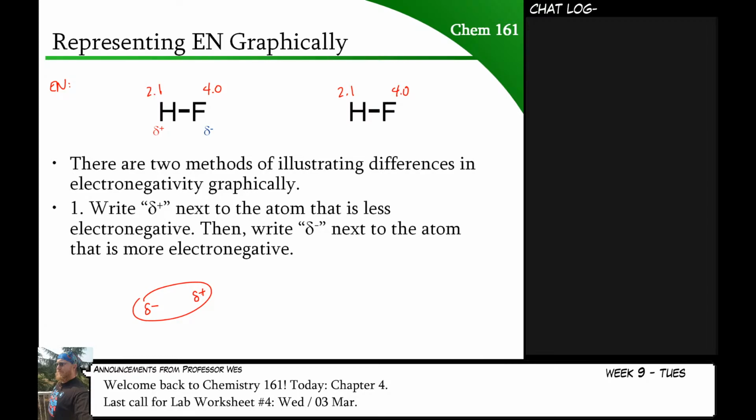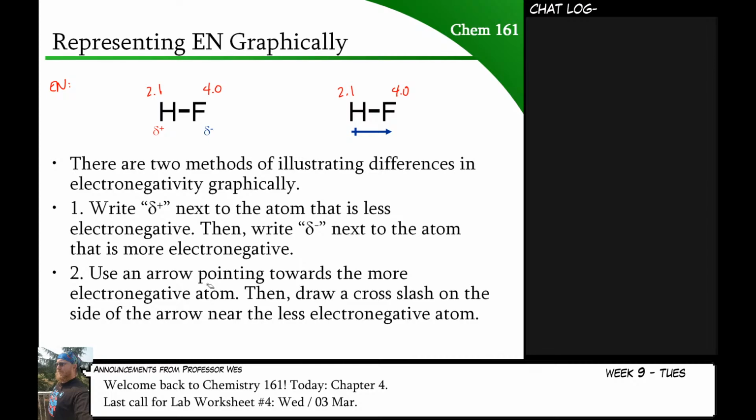The second thing that you can do, and I'm going to have to clear just this bottom part down here, is you can draw an arrow. And the arrow is going to have a cross slash through it on the side that's more positive, so it looks like you have a plus on that side. And then you just point the arrow towards the negative end of the bond.